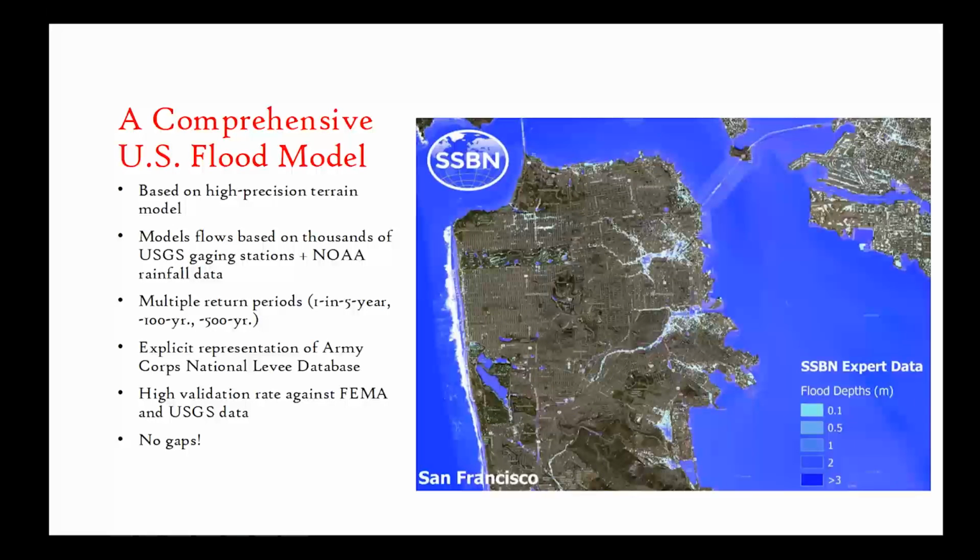And it also incorporates information about levees in the Army Corps National Levee Database. So this data set is immensely useful for dealing with the fact that FEMA maps of floodplain areas have a large number of gaps in them. And at the same time, its validation rate with FEMA and with USGS flood maps is really high. So it's an awesome data set that we can leverage for all the analysis that we do in this tool.